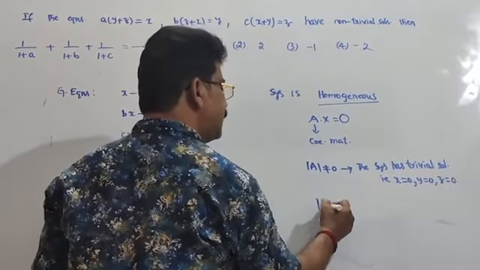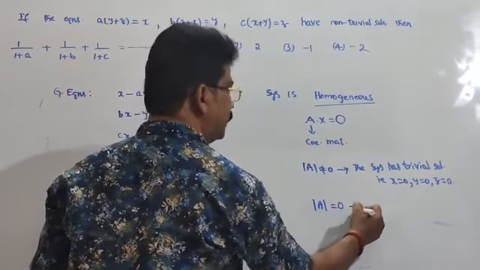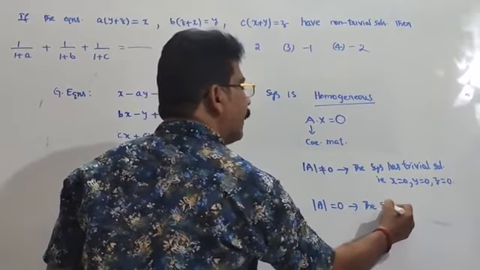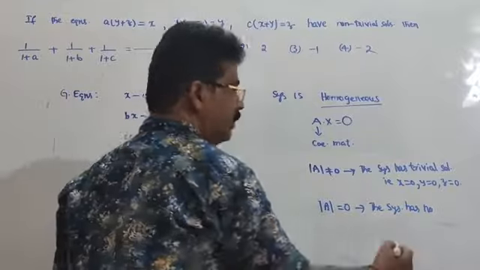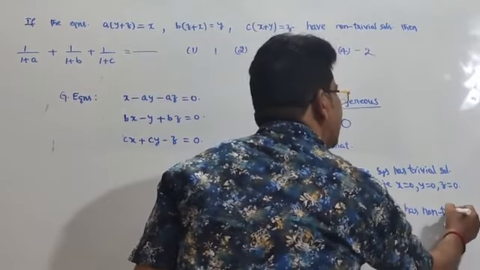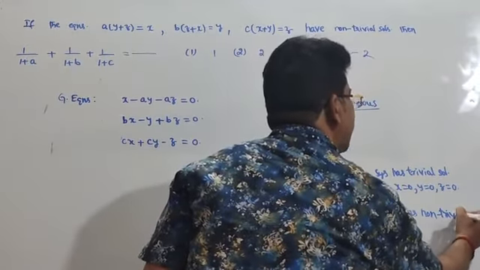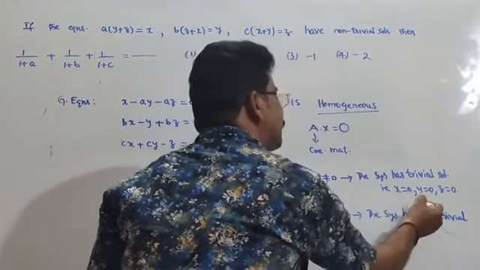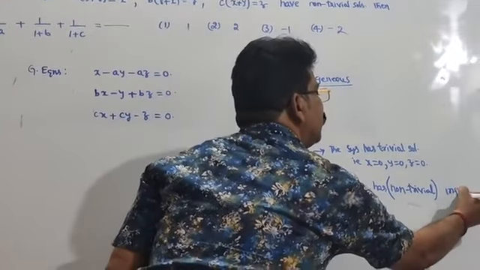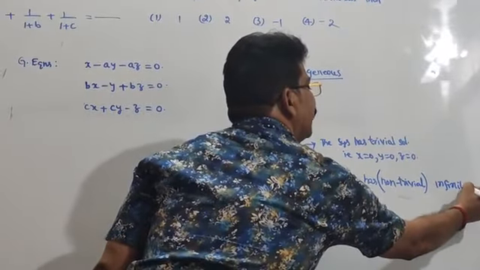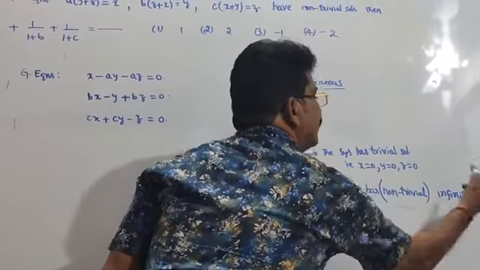Next, if the determinant of A is equal to 0, the system has a non-trivial, that is infinite, number of solutions.